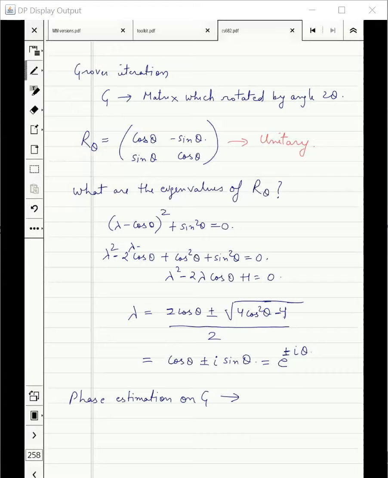I will get 2 theta. Remember, Grover iteration G was a matrix which rotated by angle 2 theta. If I do phase estimation on G, I will get plus minus 2 theta. And from that, I can easily recover the number of marked elements.